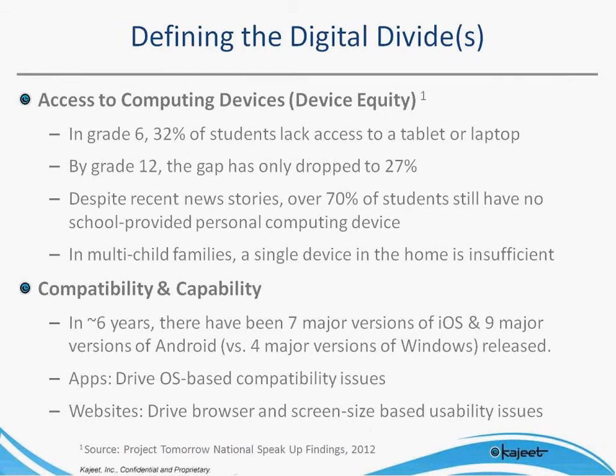And I want to note that as we've moved to more mobile devices, smartphones and tablets, there's a much faster refresh cycle, and this is evidenced, for example, in the operating systems themselves. In the past 6 years, there have been 7 major versions of iOS and major versions of Android. By comparison, there have only been 4 versions of Windows in that same time period. So you see that the refresh of operating systems and the device hardware that goes along with those is very frequent.